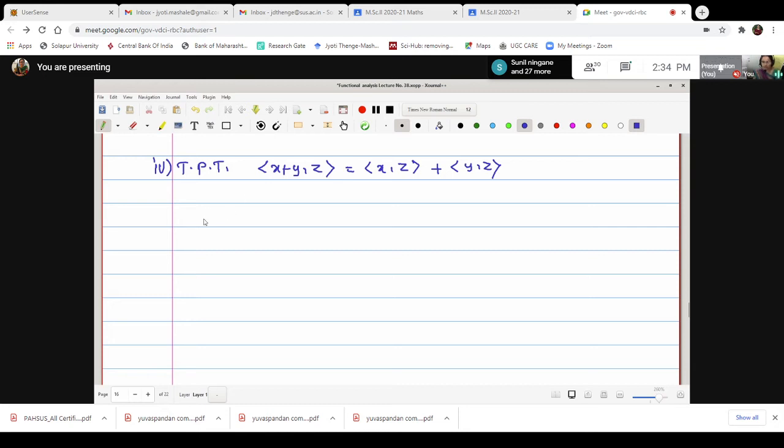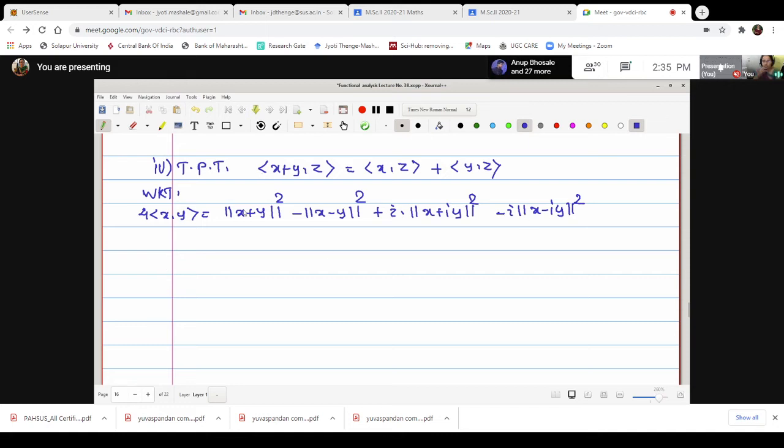Okay, therefore what will be our definition? Shall I write the definition first here? Inner product, we know that 4 times inner product x with y is norm square x plus y minus norm square x minus y plus i times norm square x plus iy minus i times norm square x minus iy is our definition.